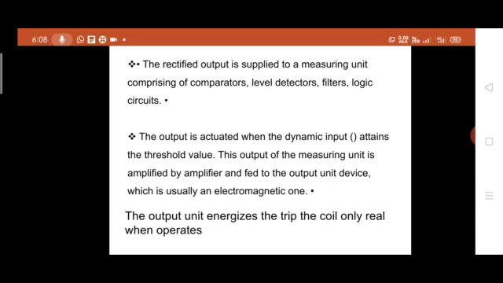The output unit energizes the trip coil only when the relay operates.